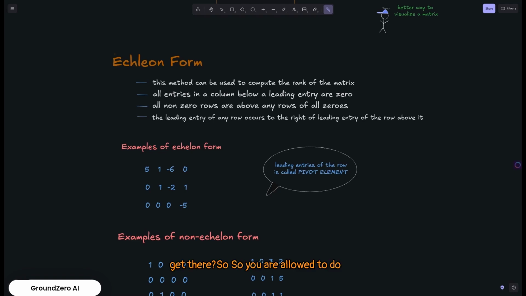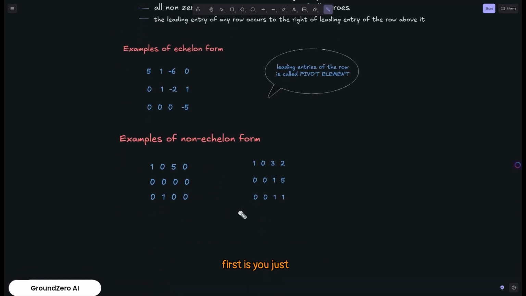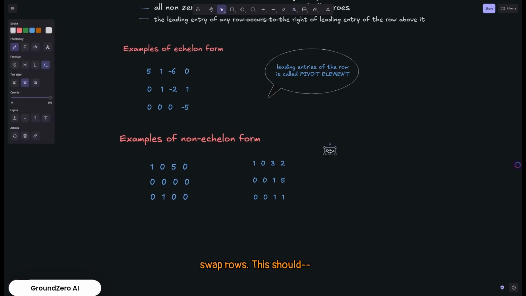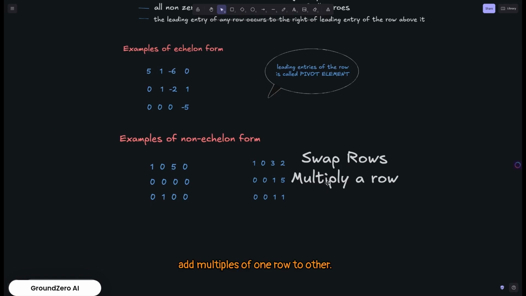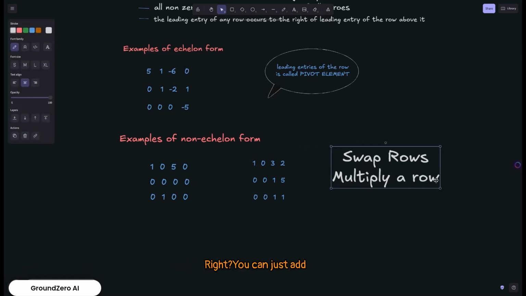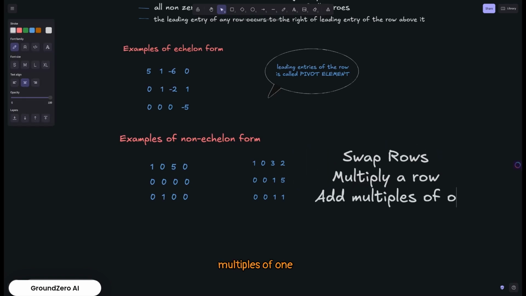You are allowed to do three logical operations without changing the essence of the equations. The first is you just swap rows. Or you can multiply a row by some non-zero constant, or you can add multiples of one row to another, right?